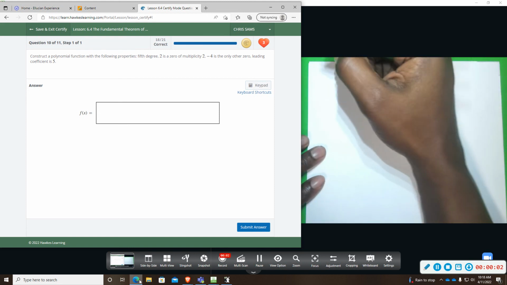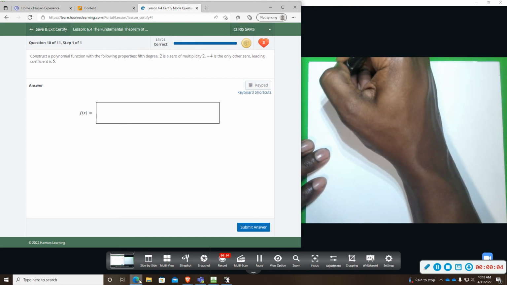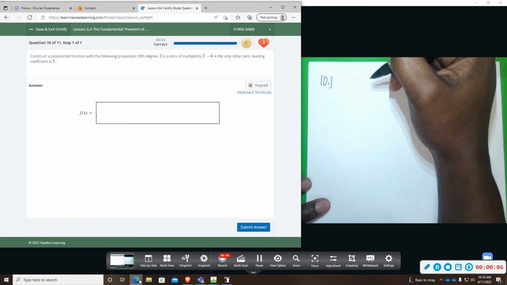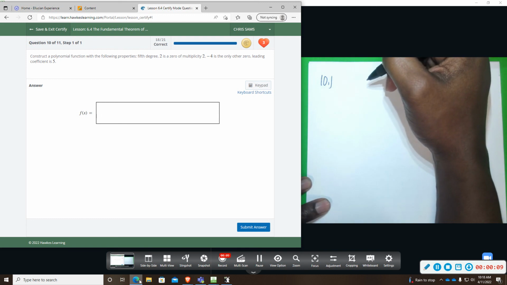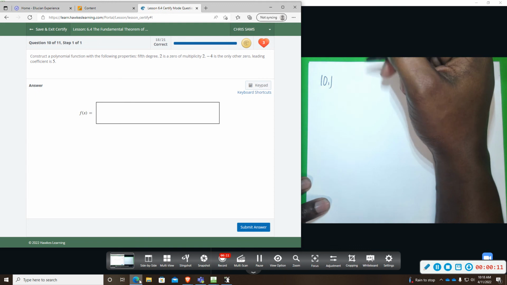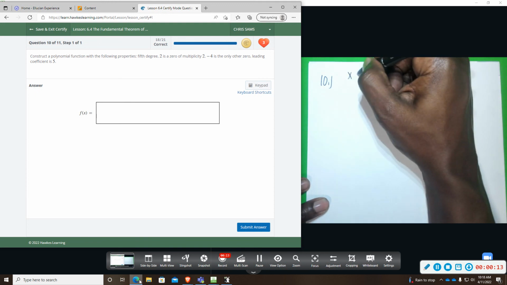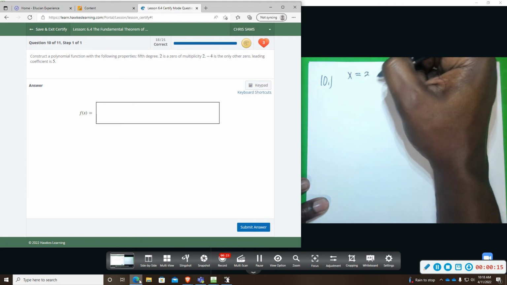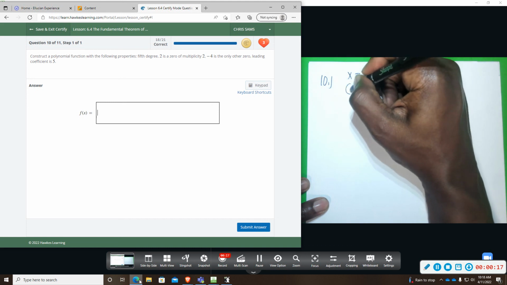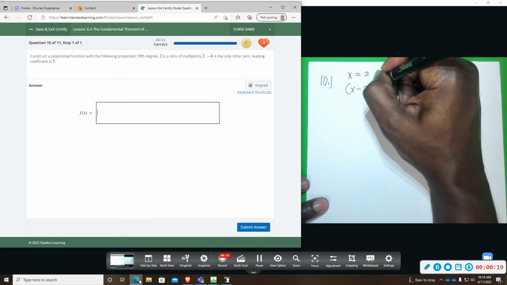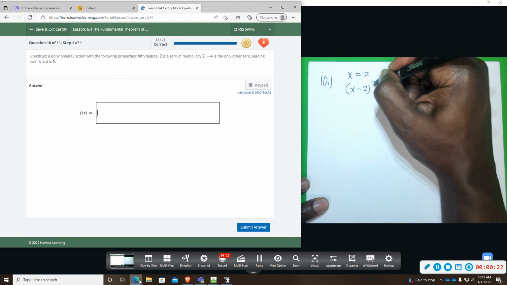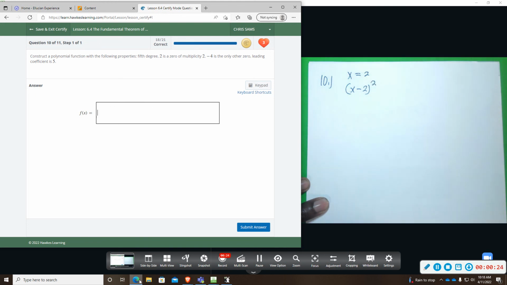All right, number 10 wants us to construct a polynomial of fifth degree. 2 is a 0 of multiplicity 2, so x equals 2 is a 0. As a linear factor, that will give you x minus 2, and it said of multiplicity 2, so that means that term is squared.